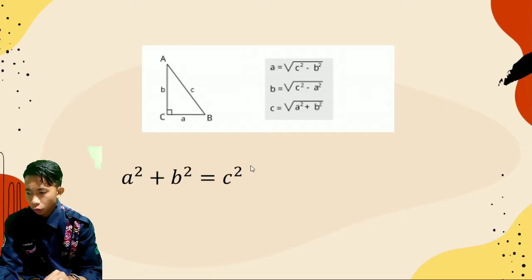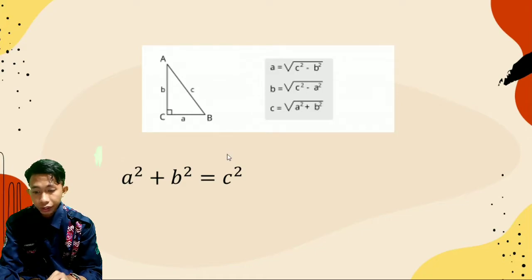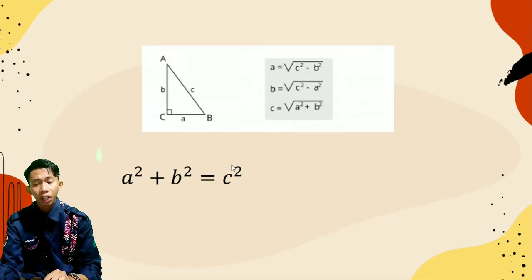It's telling us that if we take the lengths of the two legs, sides A and B, and square them, which means multiplying them by themselves, A squared is A times A and B squared is B times B, and then add those two squares together, they will equal the square of the hypotenuse, which is C squared, or C times C. That may sound a little confusing at first.